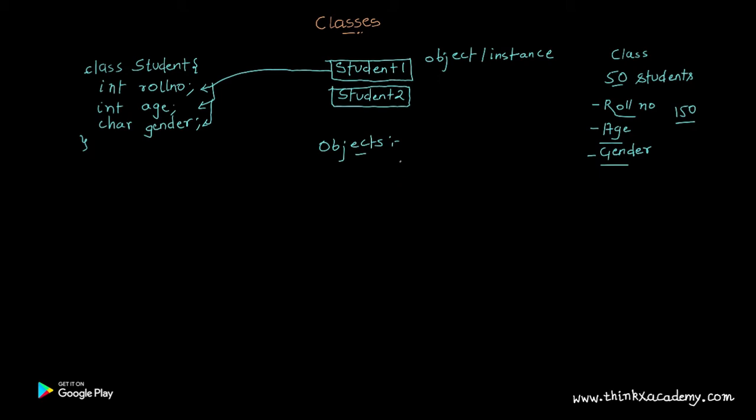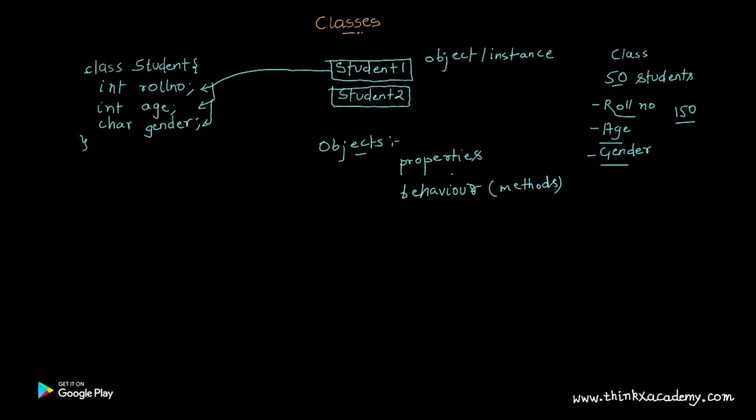So it has some behavior also, which is its speed, and a lot of things are there. So an object can have properties, which are just the variables, and can also have behavior, and behavior is represented using functions or methods.